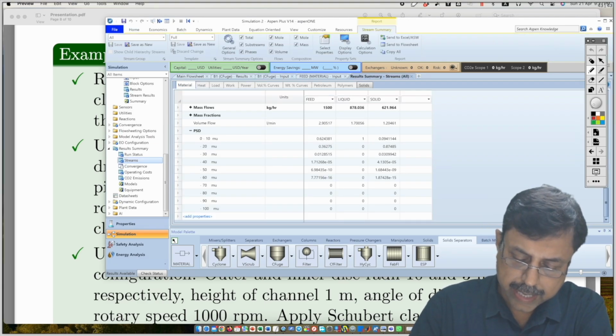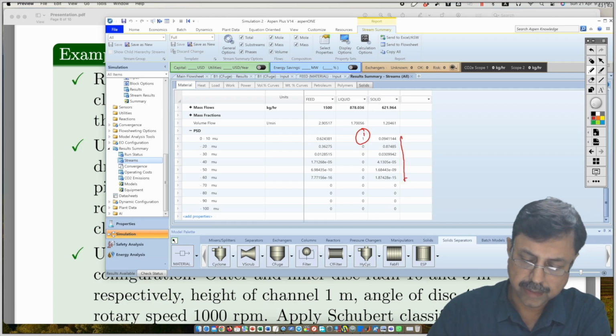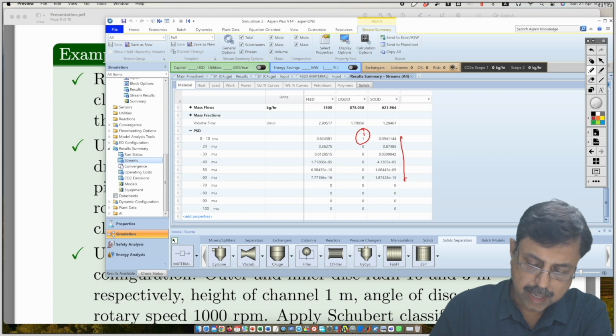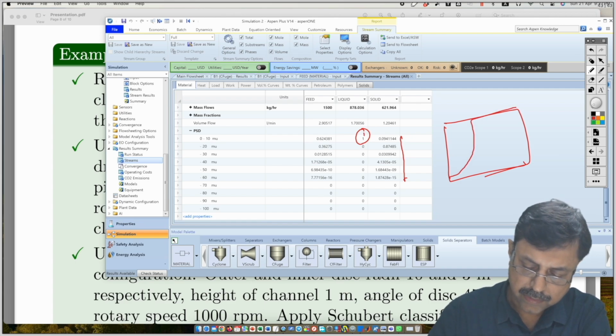So this is not the ideal separation. So you will see over here, whatever the solid particles are there in the liquid, they are all within this 0 to 10 micron. And 20 and above, all of them are over here in the solid section. And between 0 to 20, it takes a curve of this nature. If you remember, the curve is something like this, the square function curve.